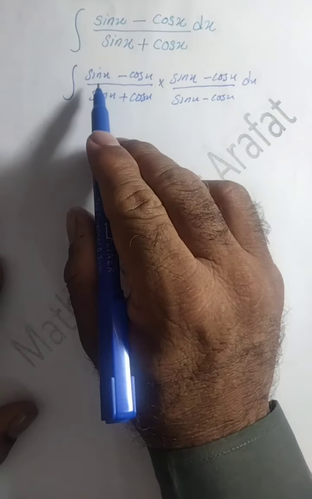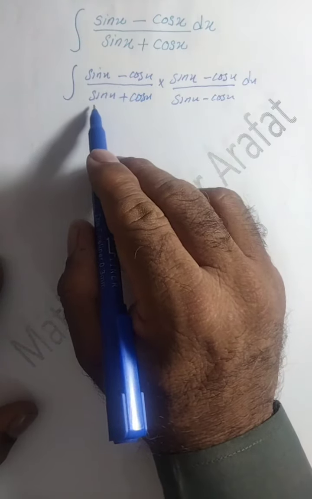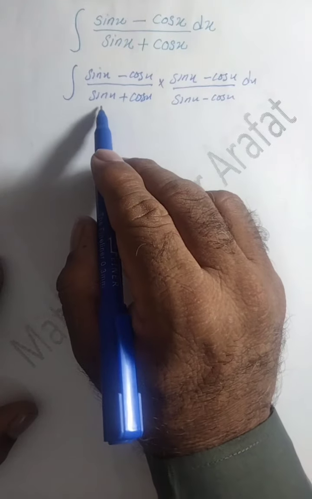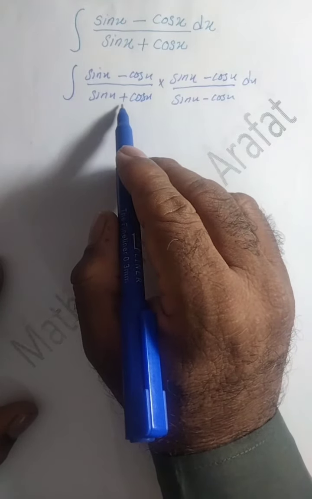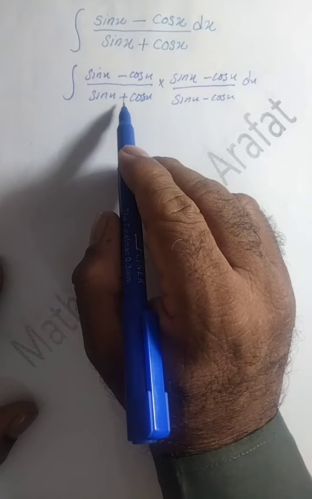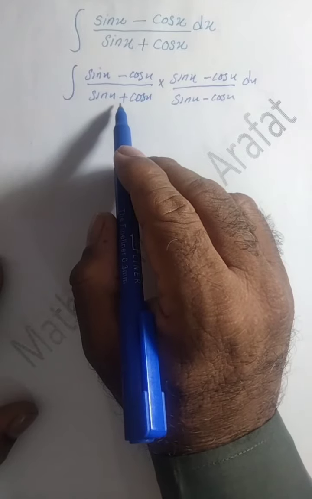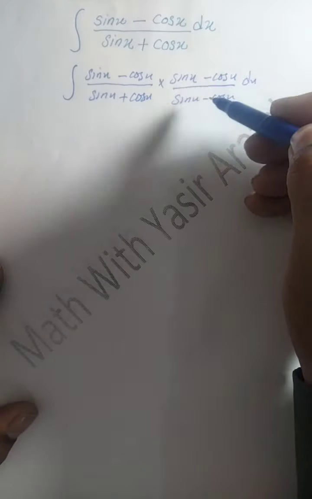So this is sin x minus cos x divided by sin x plus cos x. The denominator is sin x plus cos x. We have to take out its conjugate, which means we have to change the sign of the second term. So sin x minus cos x, multiply and divide it.